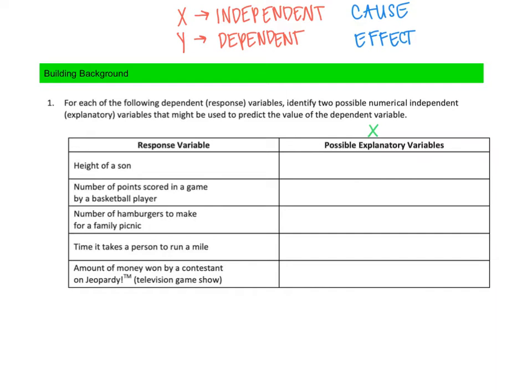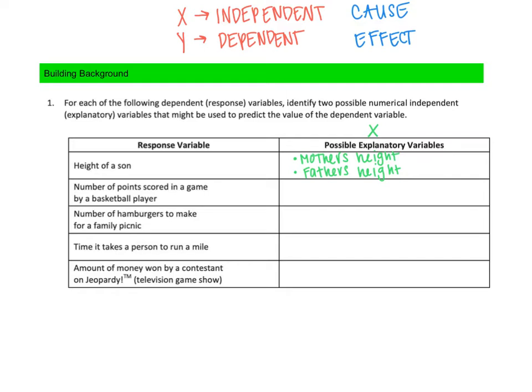Well, what would be the cause of the height of a son? What causes our height? Well, maybe the mother's height. Okay, and maybe the father's height. These are two causes or two independent variables that influence the height of a son.